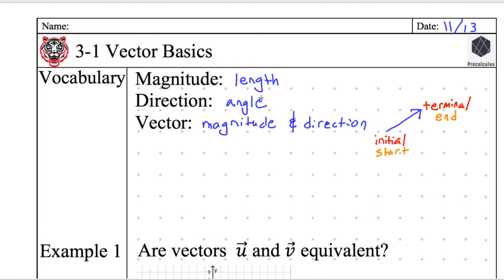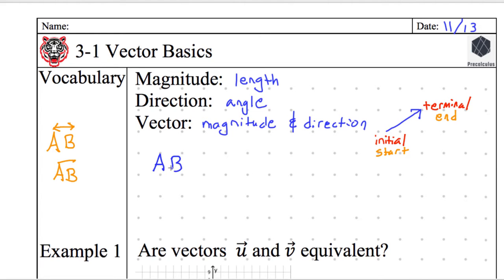There's another way of notating vectors. In geometry, we learn things like this. I'm going to do this off to the side. In geometry, we say, okay, we have line AB, or we have line segment AB like this. Well, there's a form for vectors, and that's something you do need to write down. This is going to be called vector AB.